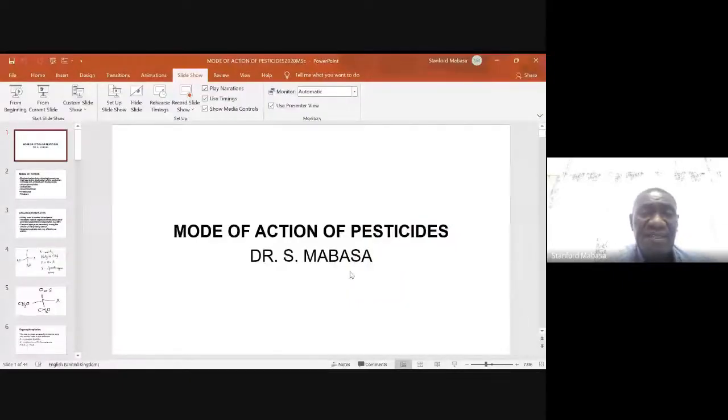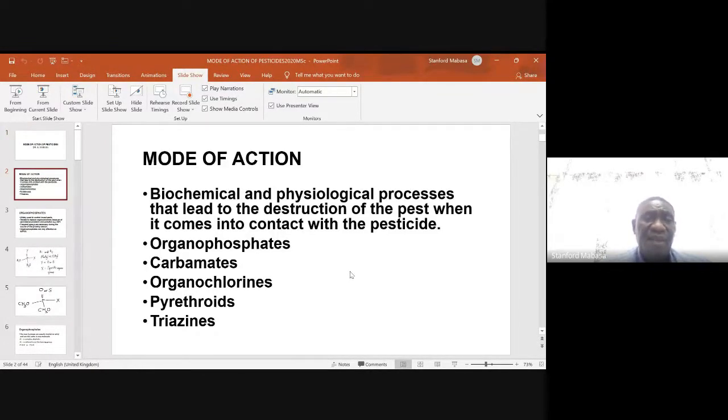So the topic is mode of action of pesticides. Now, understanding of the mode of action is based on the biochemical and physiological processes that lead to the destruction of the pest when it comes into contact with the pesticide.